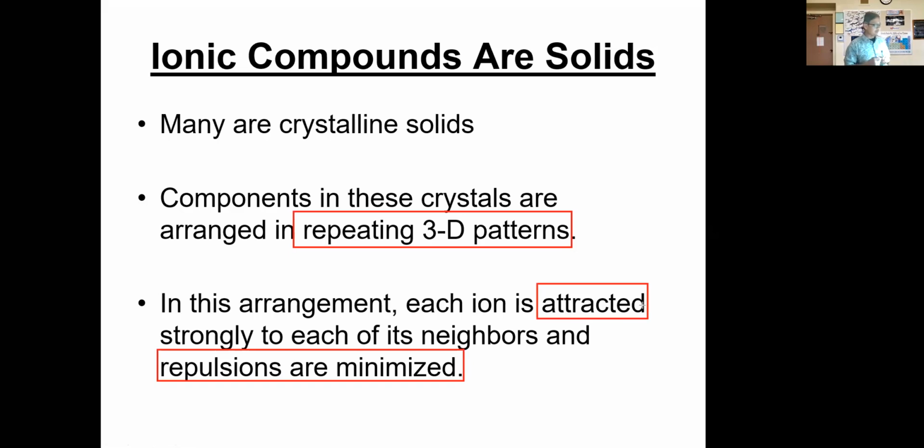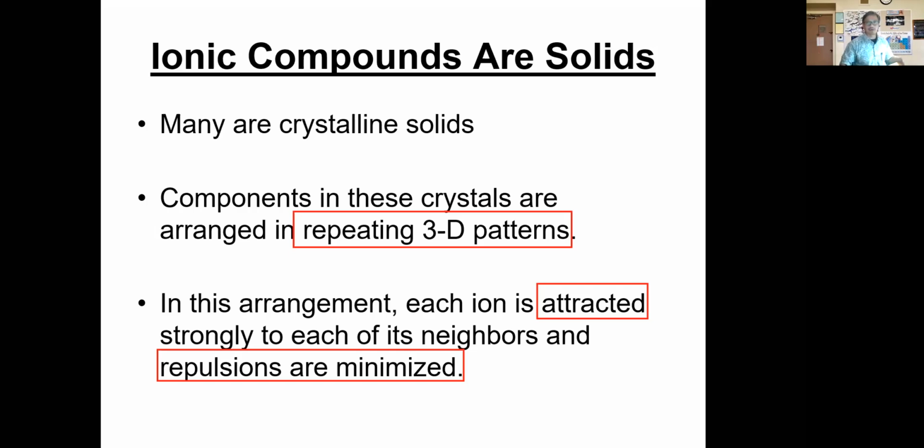So that repeating pattern will always be positive followed by negative out in three dimensions. And the reason nature does that, we don't make it that way, is to minimize repulsion and maximize the attraction of the ions. And it's for that reason that the melting points of ionic compounds are so high.